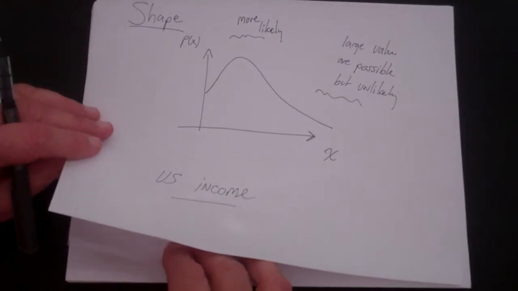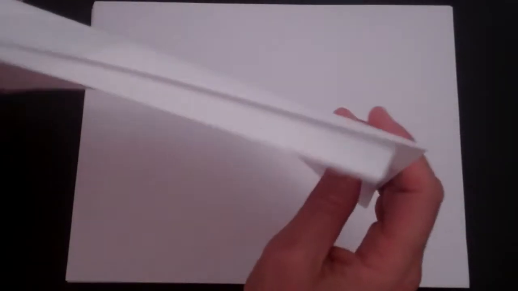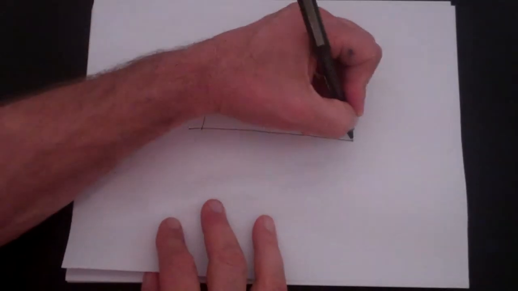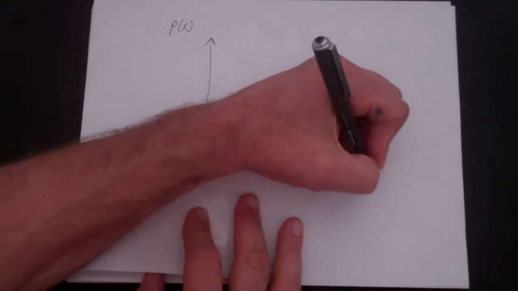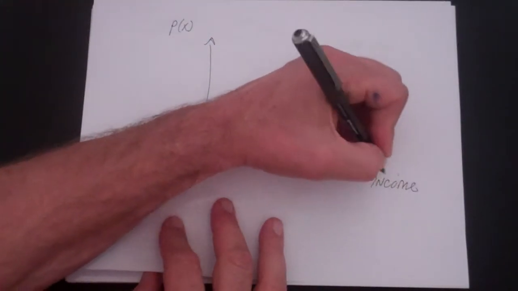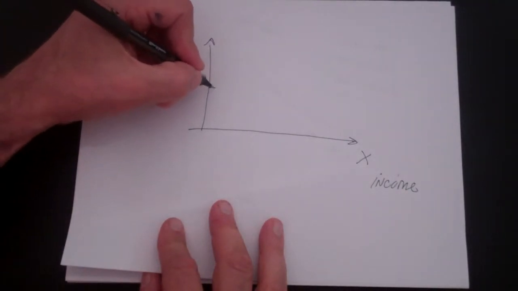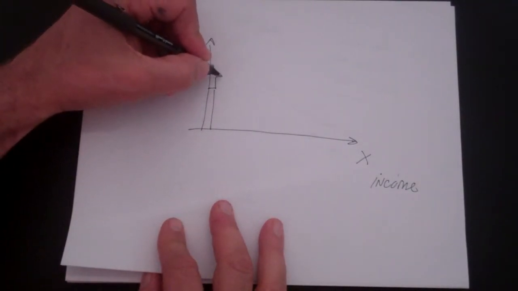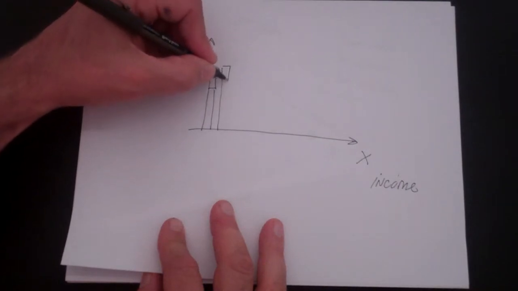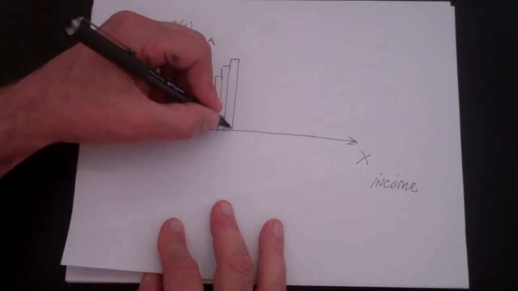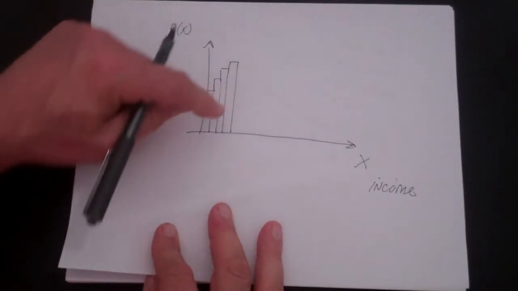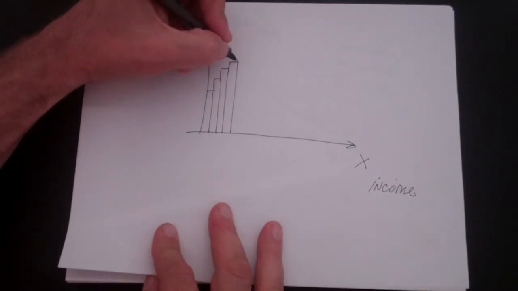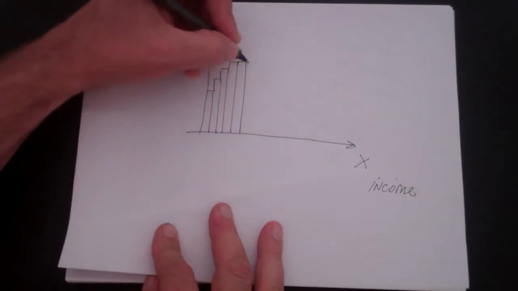And one way to think about this is just a histogram that's been generalized, if that's the way you want to think about it, right? Let's let this be x here, and this be the probability of x, right? So this could be income. Then what you could think about is a series of histograms where the width of each category is equal, but not the same number of people are in each category.